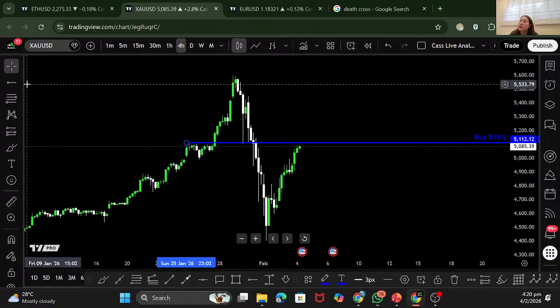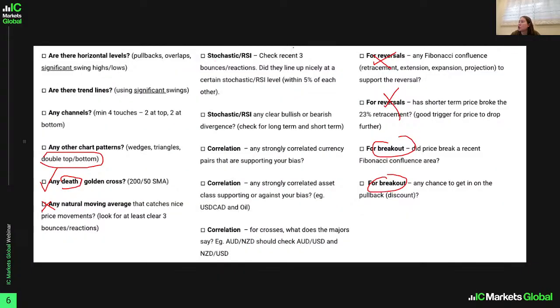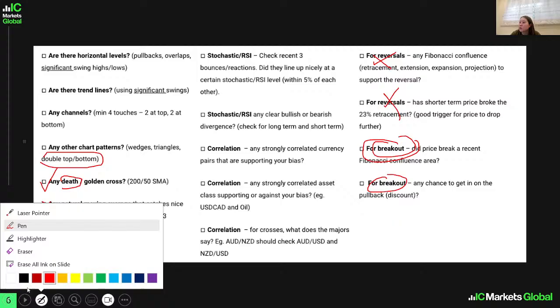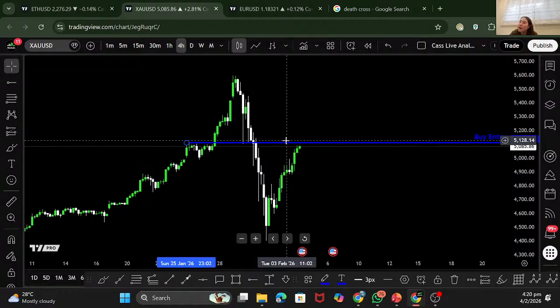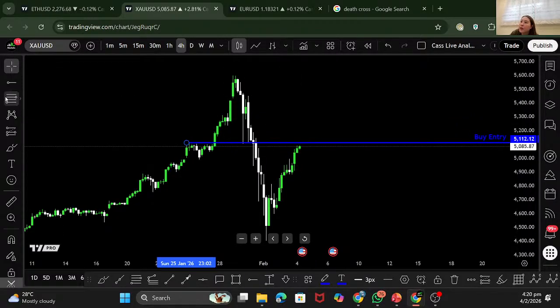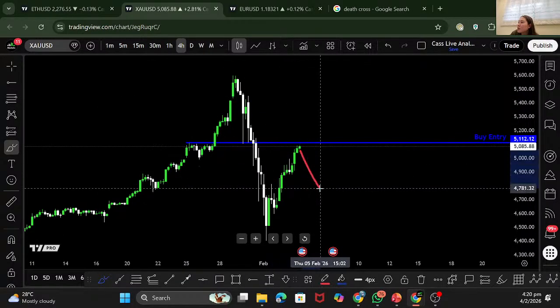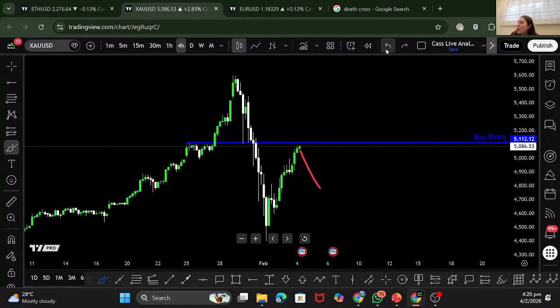That means we're going back to the cheat sheet, you're going in for a breakout, right? You're looking for a breakout. But in the event it doesn't just break out from here and it gives you a little chance of pulling back, let's identify where the possible pullback is going to be.